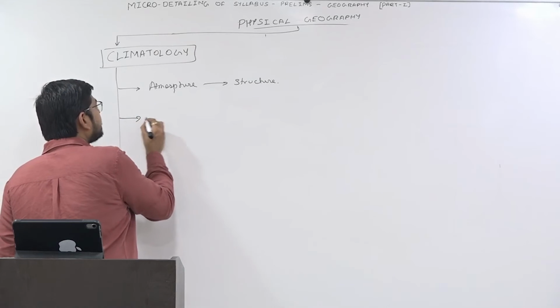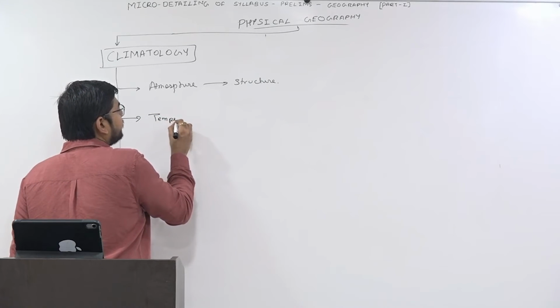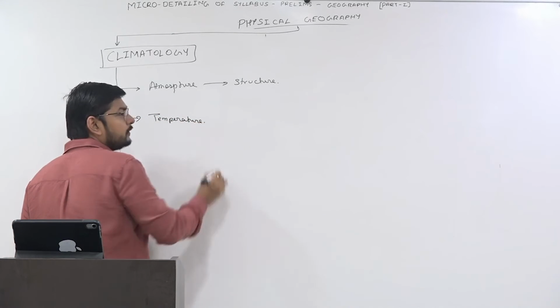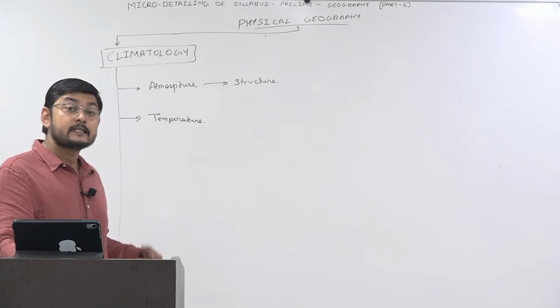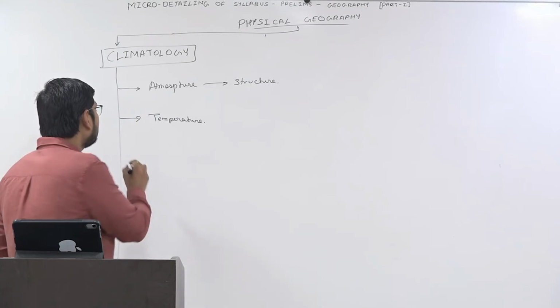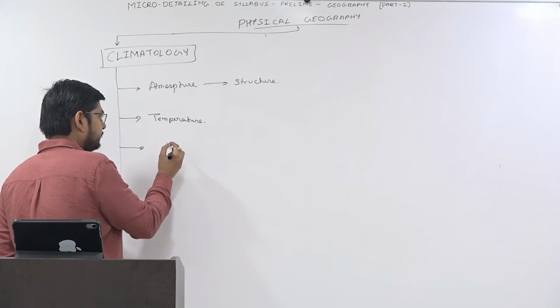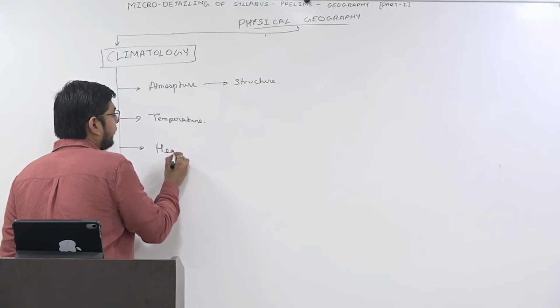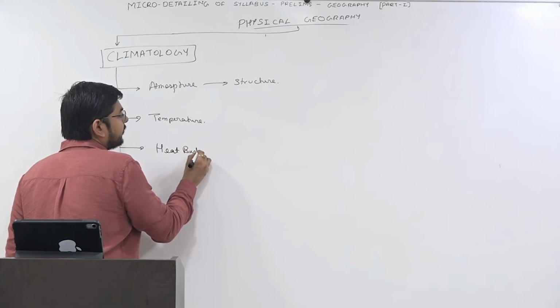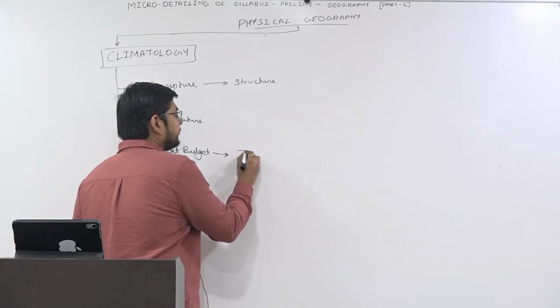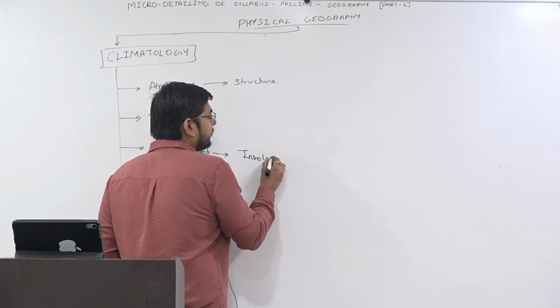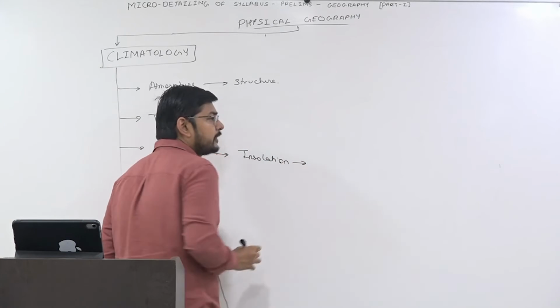What is the temperature variation of the atmosphere? How does the temperature vary in the atmosphere? Is it increasing? Is it decreasing? We'll be studying the heat budget. What is the heat budget? What is insolation? What is terrestrial radiation?